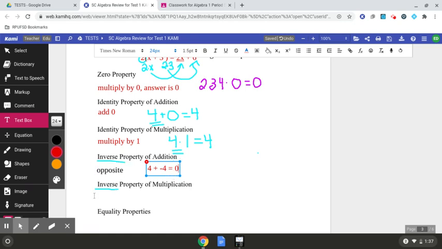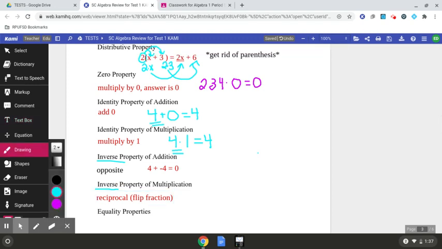With inverse property of multiplication, you are actually dealing with what we call a reciprocal, which means that we flip the fraction. So let's say I start with the number 3, because typically we do start with regular whole numbers or integers, right? 3 is currently not a fraction.